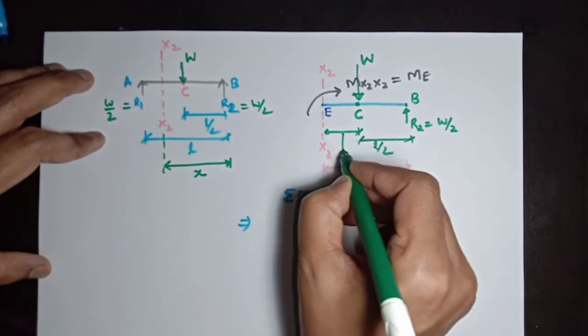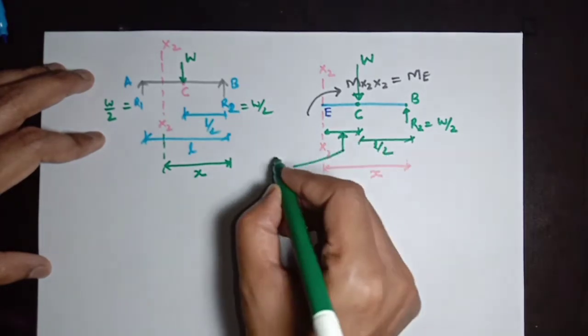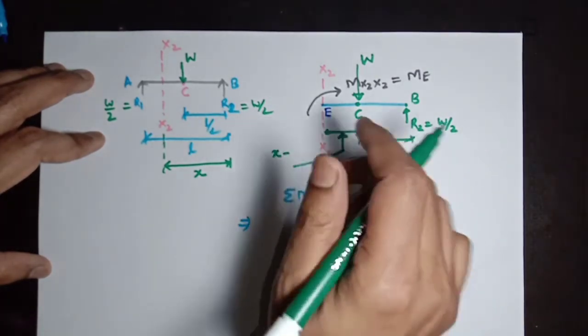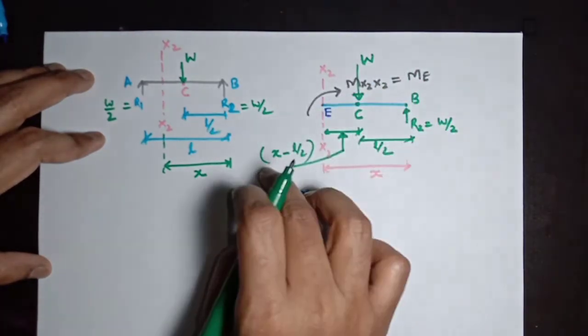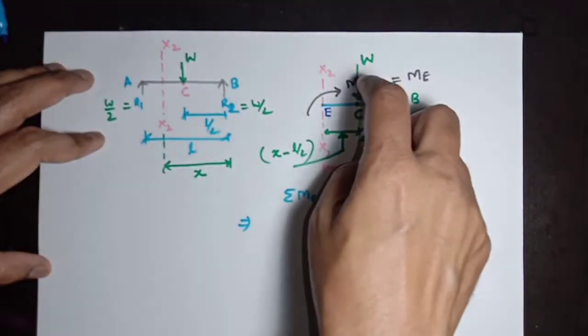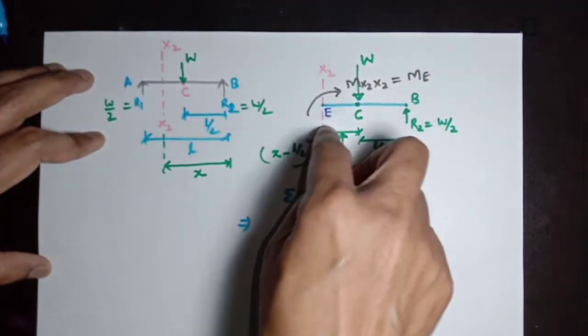So from C to E, length is X minus L by 2, and so W is creating a clockwise moment.